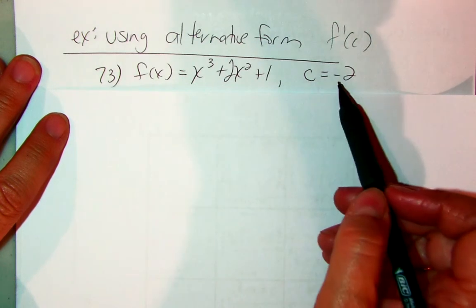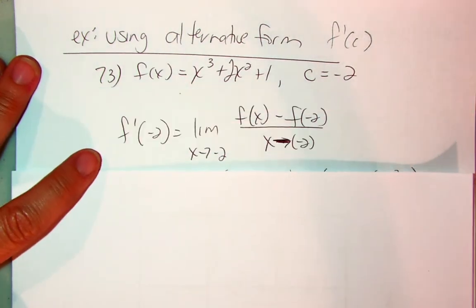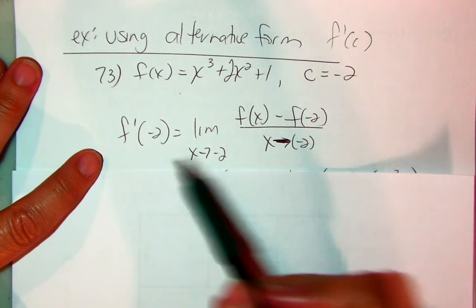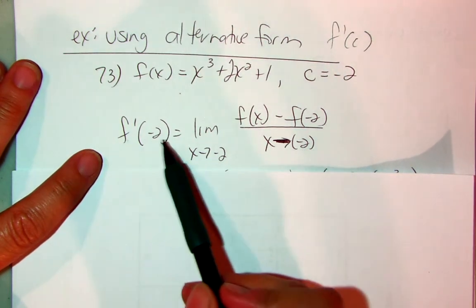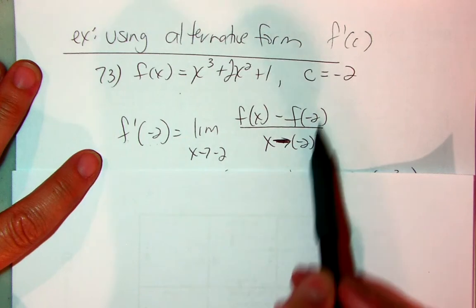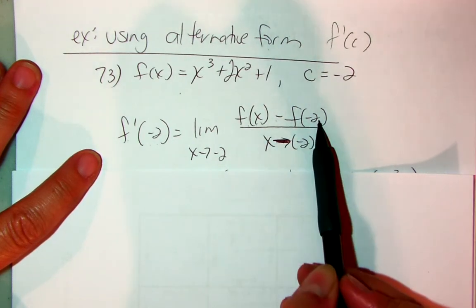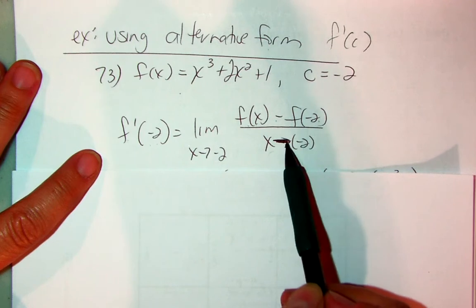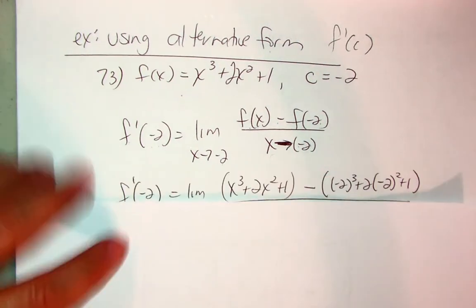In fact, they tell me let c equal -2, which is my x value. So this is what I want to find: the first derivative of f at -2. I must use this new alternative form, the limit definition: f of x minus f of -2, over x minus -2, whatever that c value is I'm approaching.